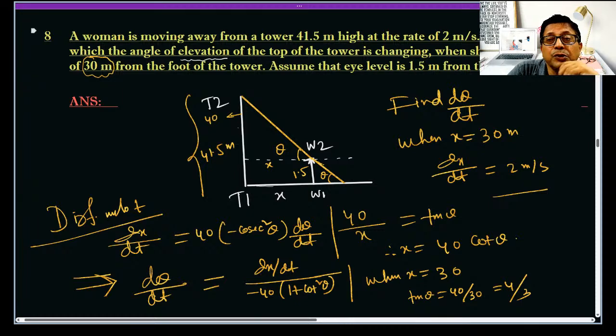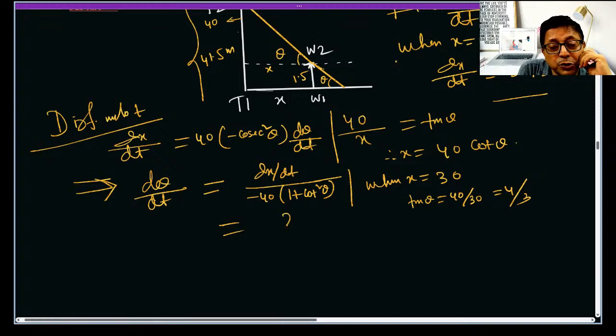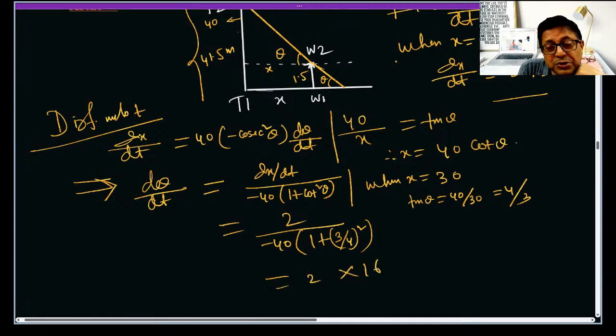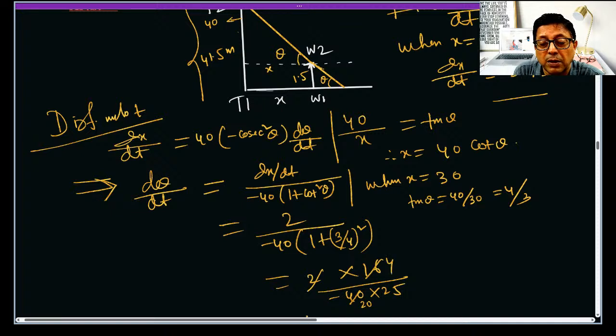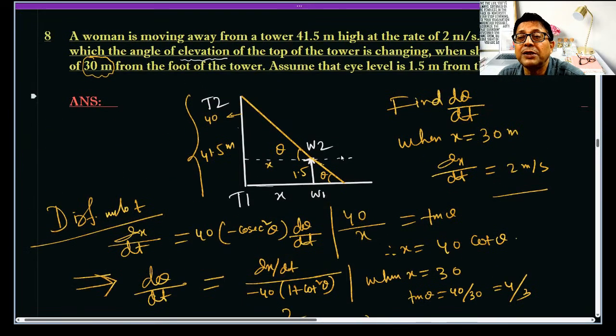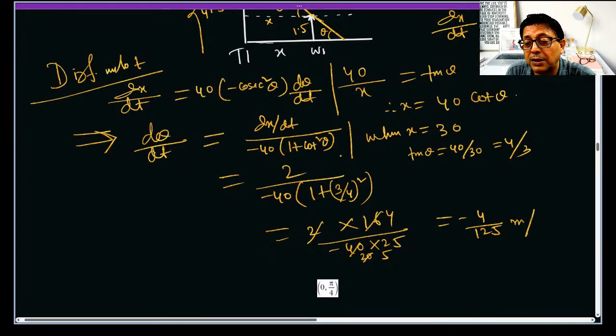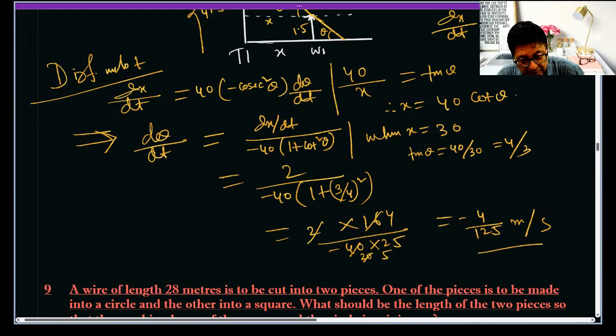How much is dx by dt? 2 meter per second. Put it there. 2 upon minus 40 and 1 plus cot square theta, where cot theta is reciprocal of tan theta. So this will be 2 into 16 divided by 40 into 25. So answer is minus 4 by 125. See the unit here, unit you must write properly. It is this much radian per second, isn't it? Clear?